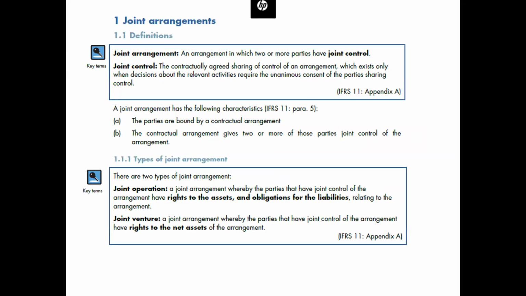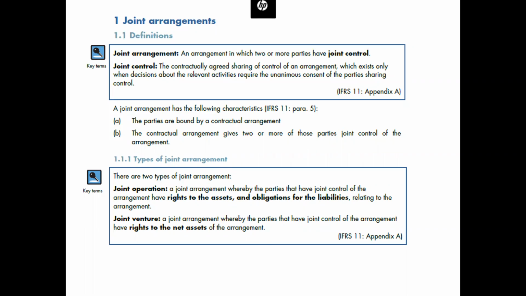Right. So here you need to see we have definitions. A joint arrangement, I need to see that it's an arrangement where 2 or more parties have control. So I just want to explain this so that you understand the difference between this and our previous example, which we started with subsidiaries in the very first section, where we had a 40% share and 5% share was held by different entities across board and they couldn't work together.